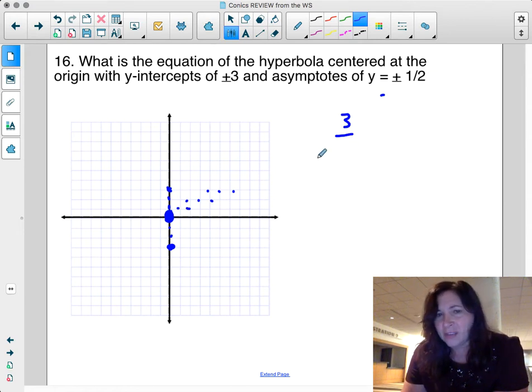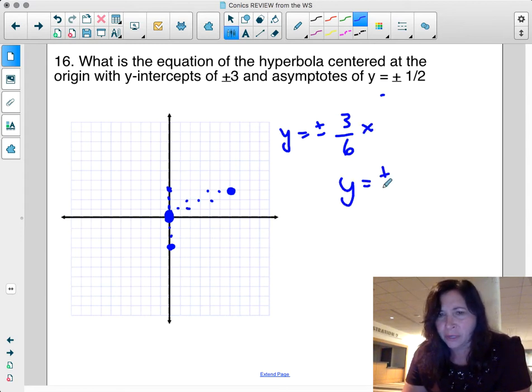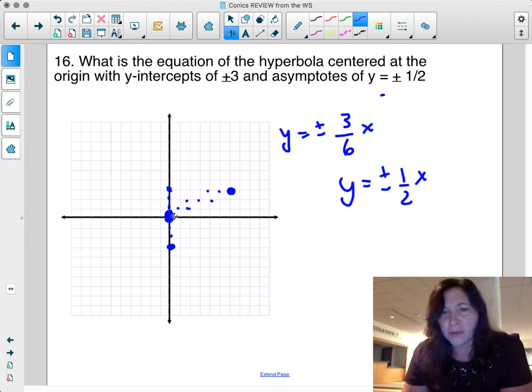What I would need is up 3 and over 6, because y equals plus or minus 3 over 6 x is the same thing as saying my asymptotes are at y equals plus or minus 1/2 x, okay?